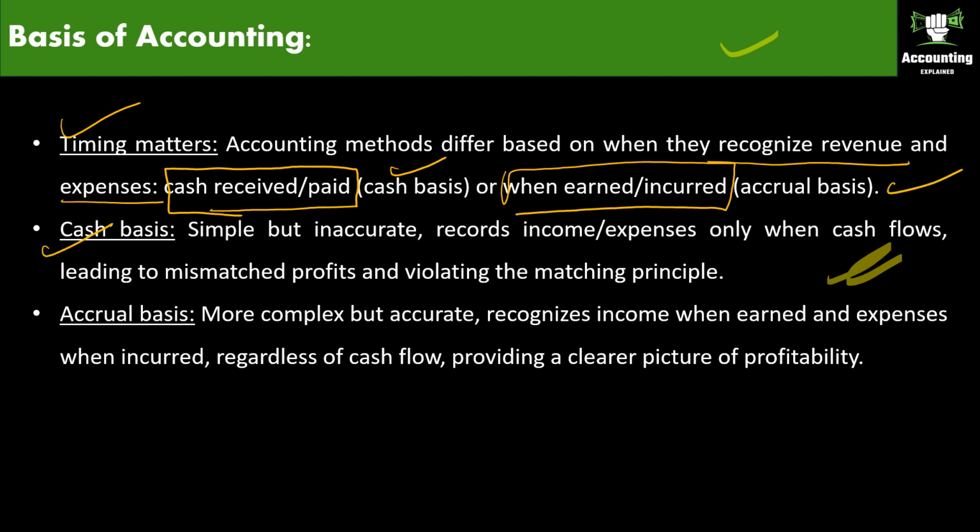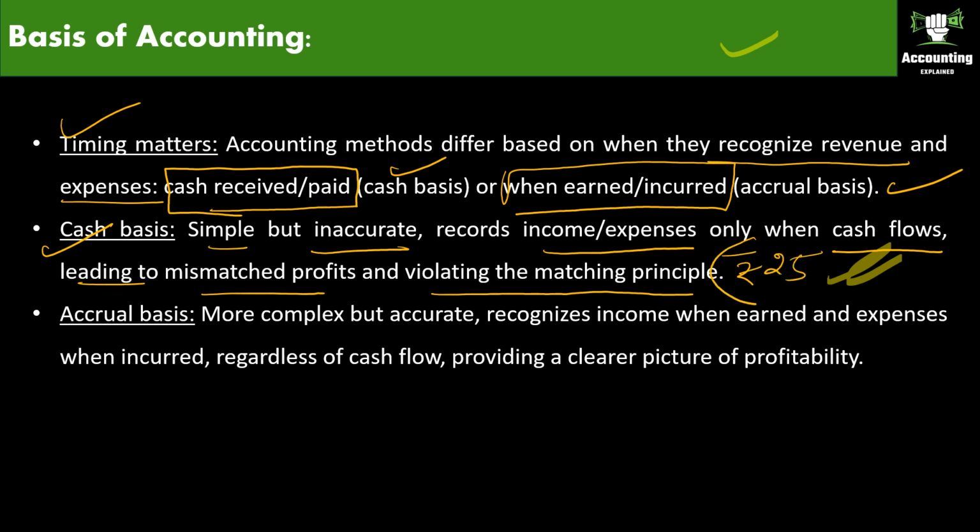What is cash basis? Cash basis is simple, but it is inaccurate and limited. It records income or expenses only when cash flows, leading to mismatched profits and violating the matching principle. So when you sell a cup of tea for rupees 25 on cash, only then it is recorded.